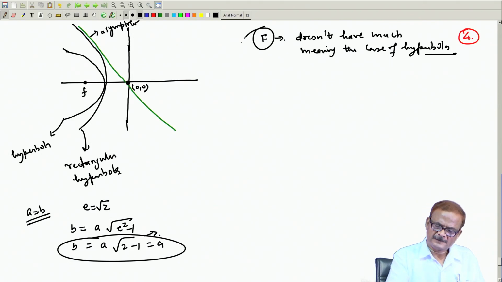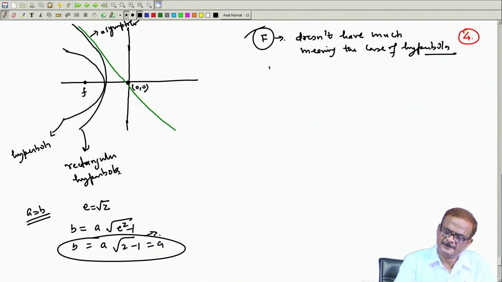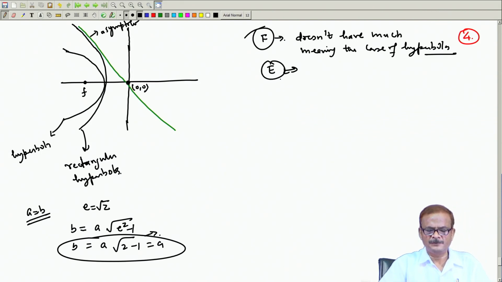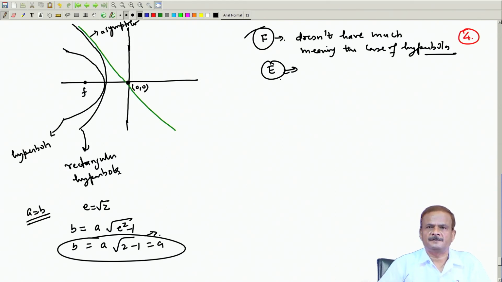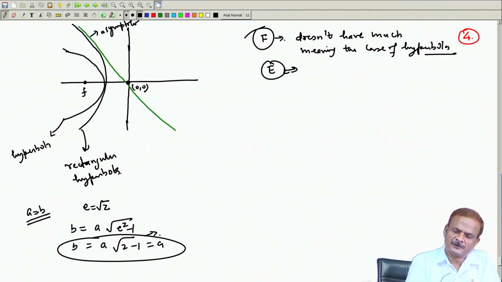Now, why is this f not defined as in the case of E, the eccentric anomaly, defined in the case of ellipse? The reason is very simple: in the case of ellipse there was a circumscribing circle, which we called the auxiliary circle, which in this case is not present. And therefore, instead of defining this in terms of a circle, we utilize a rectangular hyperbola. So, this is your rectangular hyperbola.